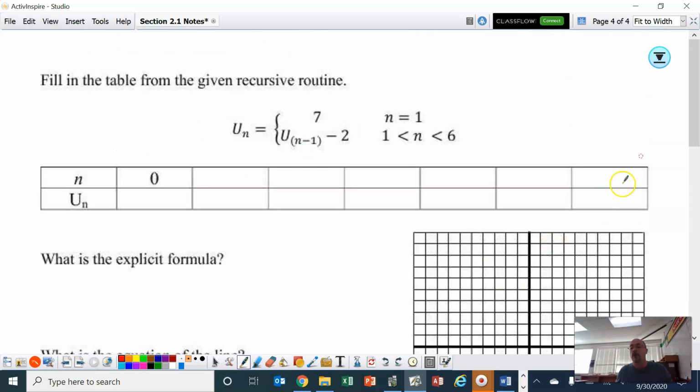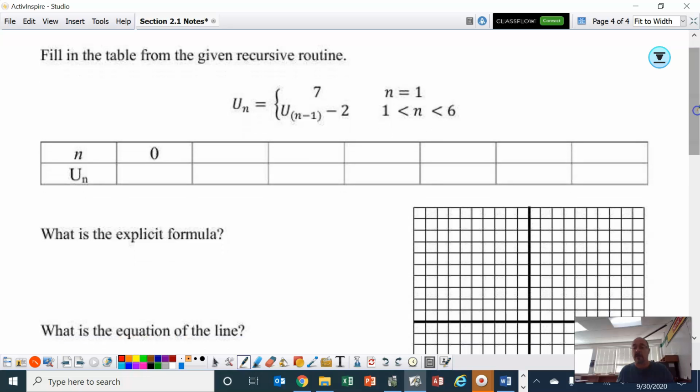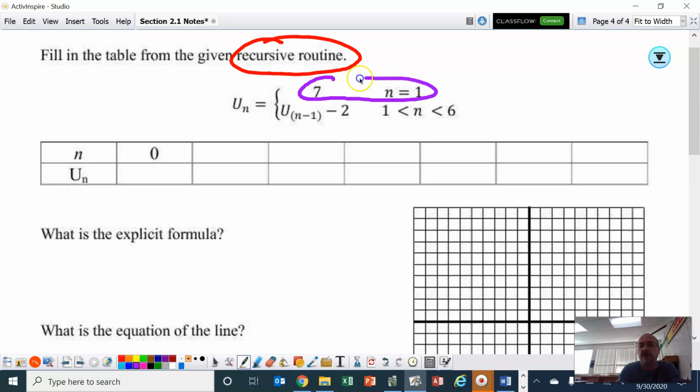Now, I'm going to pull in some stuff that we've done in Unit 1. Okay, looking at this, here's a recursive routine. All right, I remember what to do here. I see that the first number in the sequence, the number under the 1, is a 7.